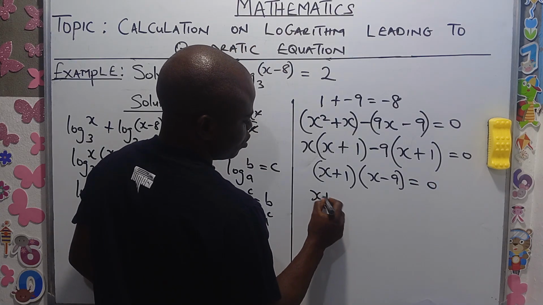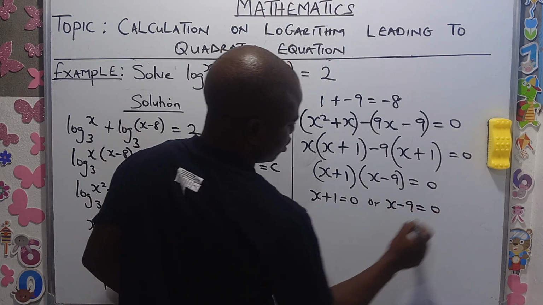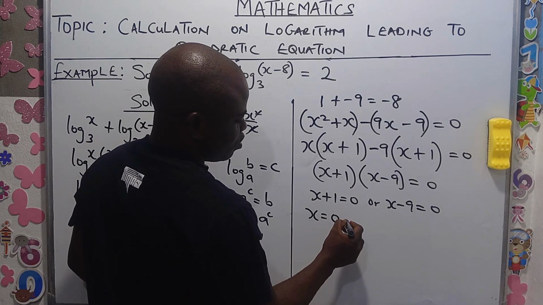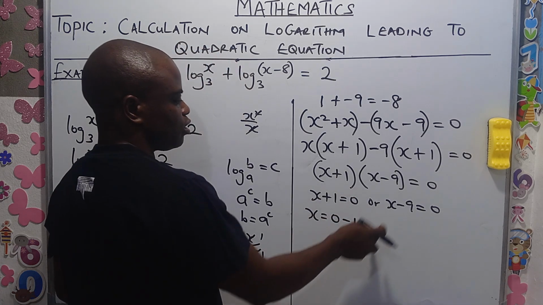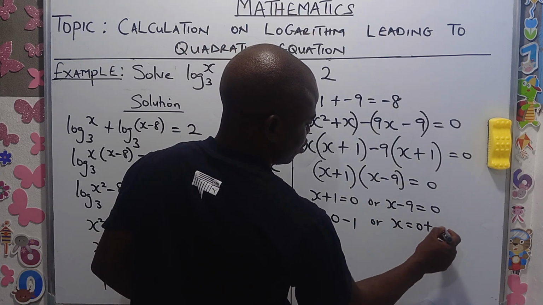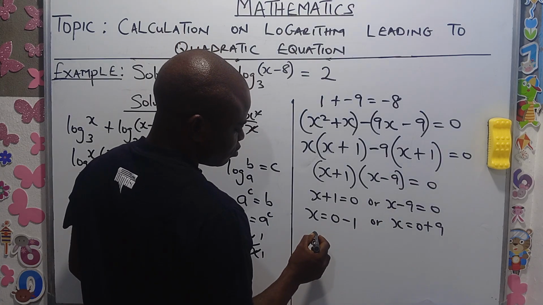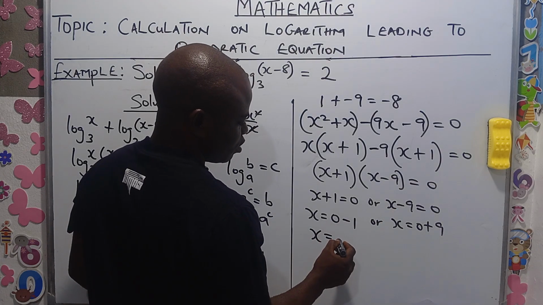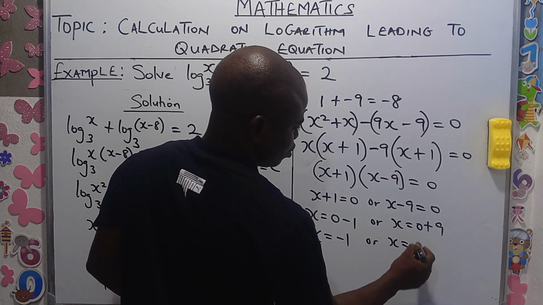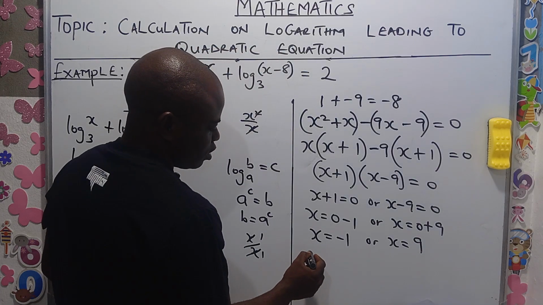Now say x plus 1 equals 0, or x minus 9 equals 0. Now let's collect the like terms. x equals 0 minus 1, when you take plus 1 across the equal sign it turns to negative, or x equals 0 plus 9, when you take minus 9 across the equal sign it turns to positive. x equals minus 1, or x equals 9.